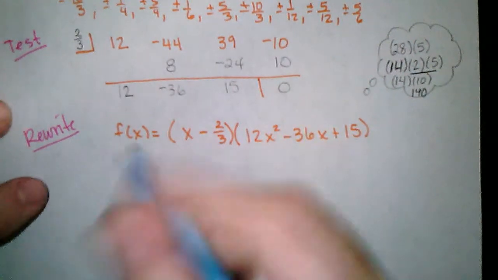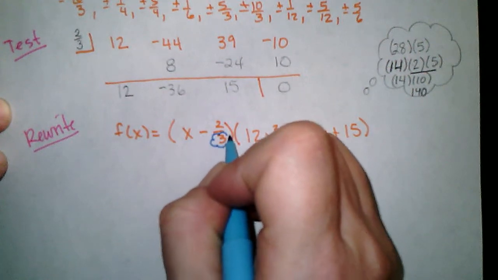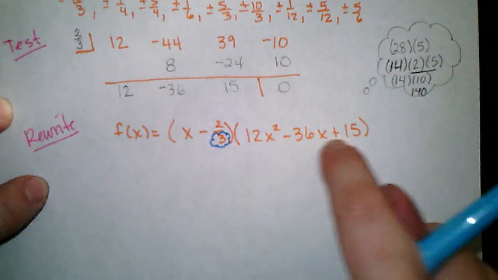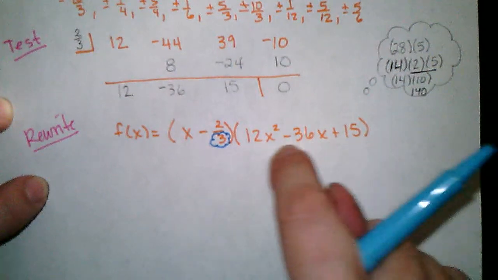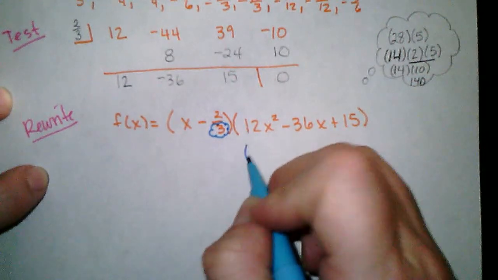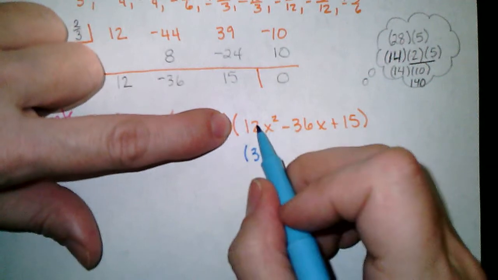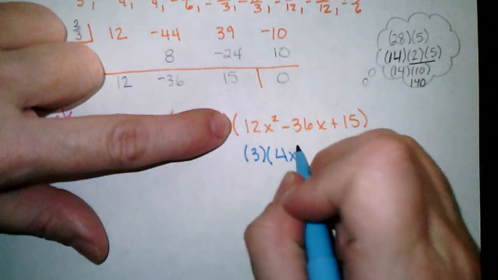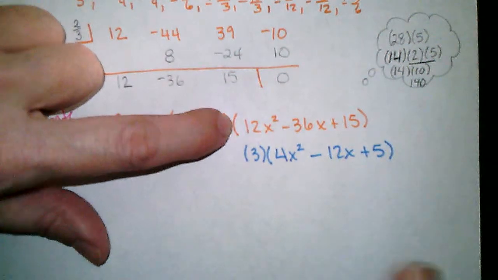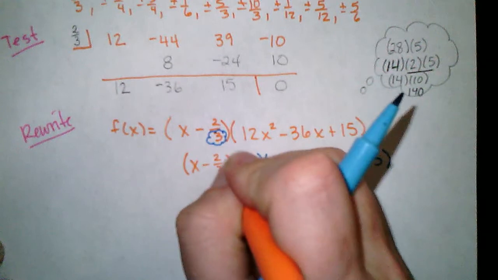So we're going to think of that principle when we look at this situation. What I don't like is this denominator of 3. So what I want to do is use a GCF of 3 out of this bunch here. I'm going to rewrite this as 3 times 4x squared minus 12x plus 5, and I'm going to keep this as x minus 2/3 for now.